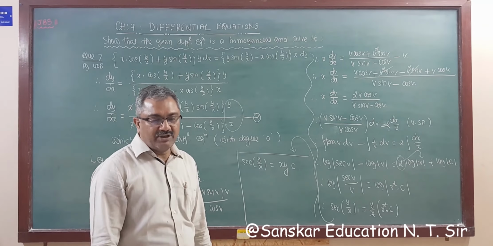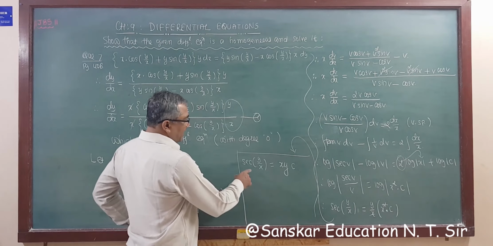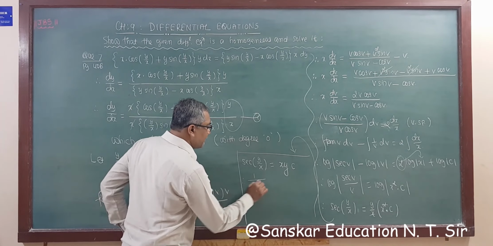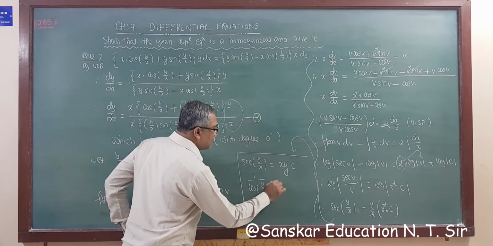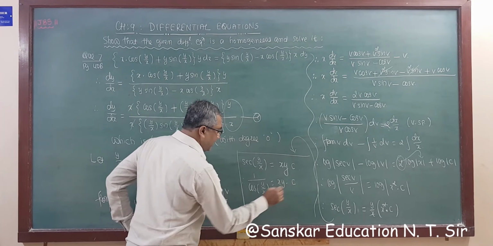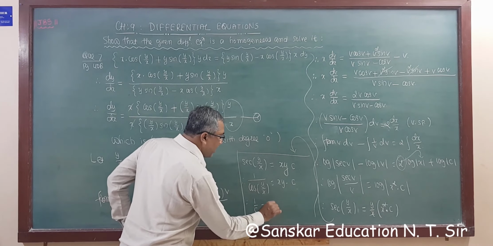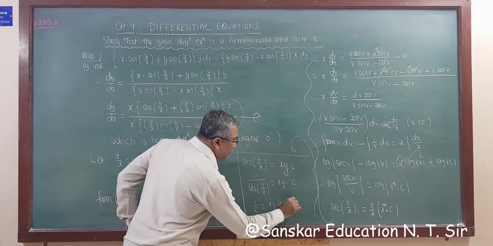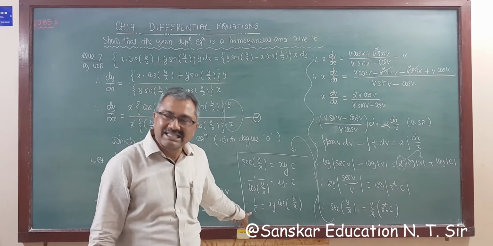So what is the answer given in your textbook? Answer is given xy. Okay. So writing this in the cos form. So this is 1 upon cos y by x is equal to xy into c. So we get, taking c to this side, 1 upon c is equal to xy cos y by x. And instead of 1 upon c, you may write c1 dash.